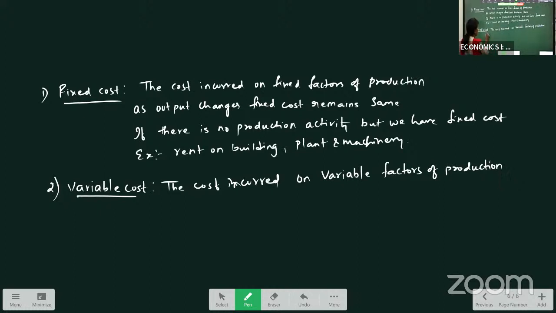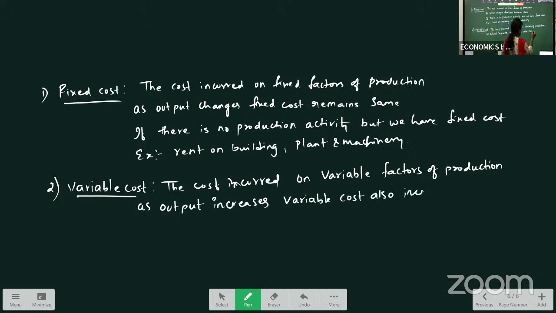So, as output increases, variable cost also increases. And one more point you can write here.